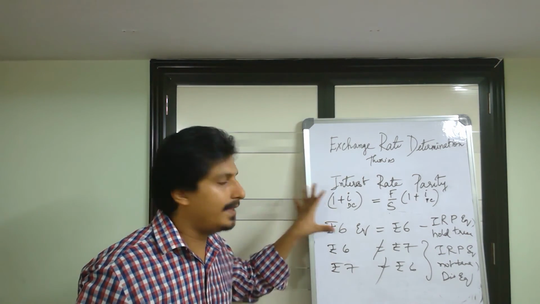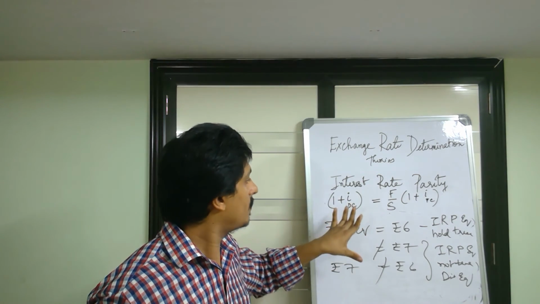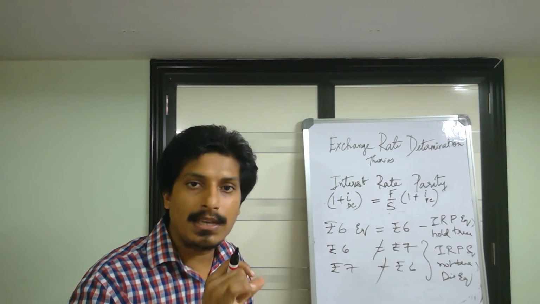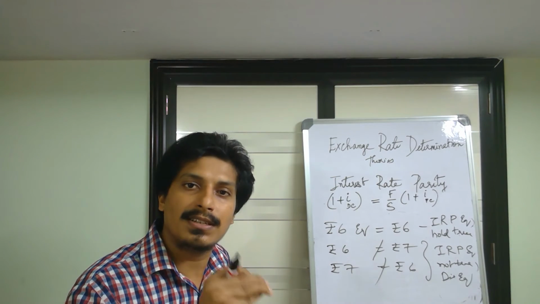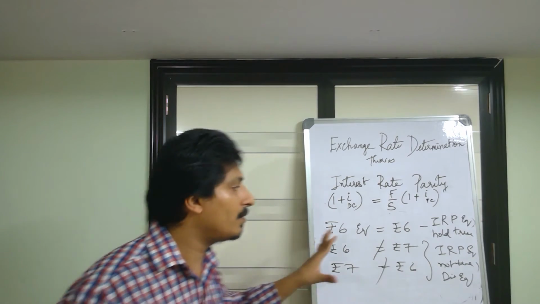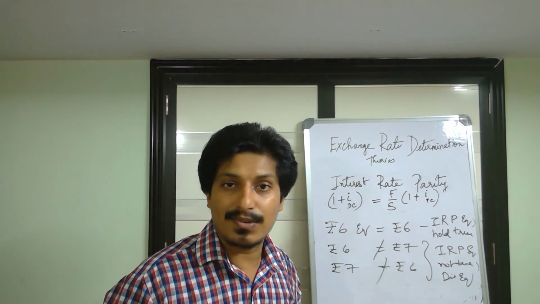So this theory, you can use it. First of all, this theory can be used in identifying investment opportunities. If you want to invest in a risk-free investment, and if you want to check whether you can benefit from investing abroad, then you can use this equation.